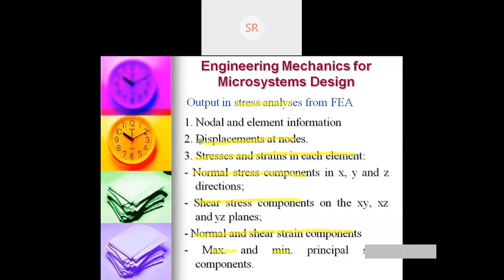I'll get the displacement, I'll get the stress in each element, then the stress in x, y, z direction. I may get shear stress in the xy, xz and yz planes. I'll get where the maximum stress and minimum stress are happening. All this information I'll get as an output from the FEM analysis.